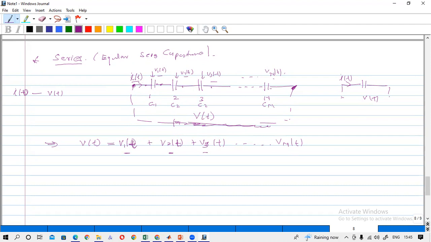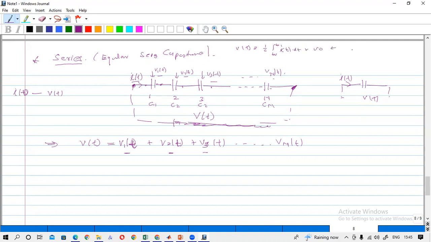So what equation is easy to use? Can you say that, equation 1 or 2? Equation 1 is Vt is equal to 1 by C integral from T naught to some T value of It dt plus V naught. This is the first one.